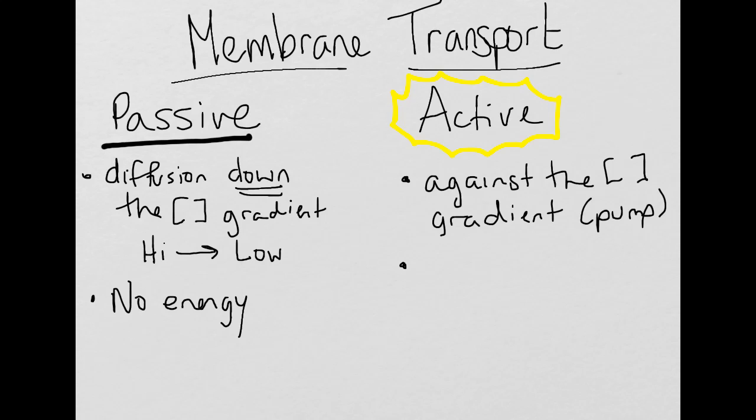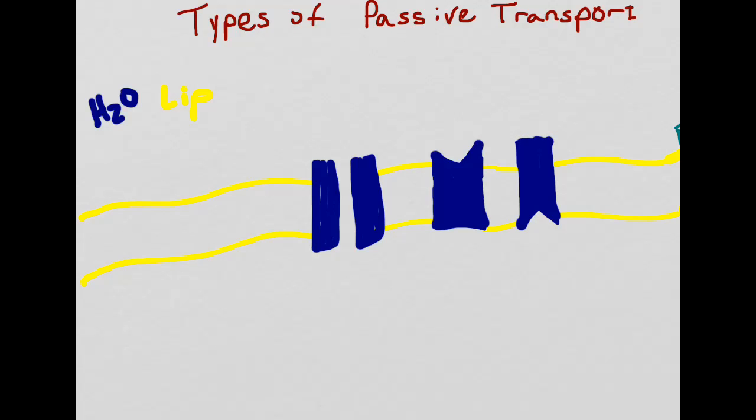Okay, and this does require ATP or some other form of energy, and there are others, even though I always talk about ATP. It does require energy, okay, to move the substances in and out. So we will look at both of these, passive and active transport.